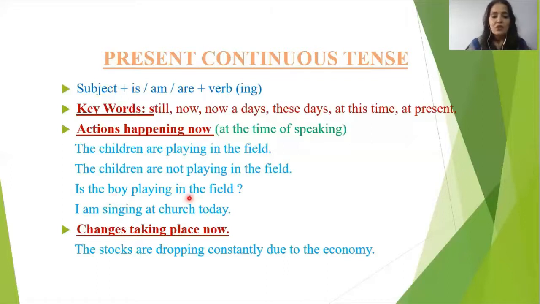Now, this is used in another place also. Suppose changes taking place. As an example, we can see here, the stocks are dropping constantly due to the economy. Yes, this sentence is telling us that a change is taking place due to the current situation.